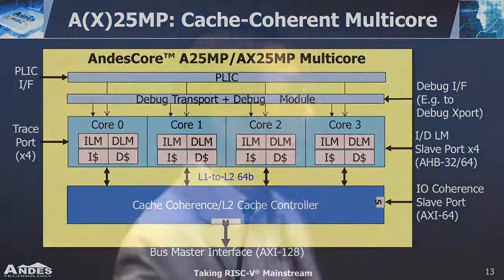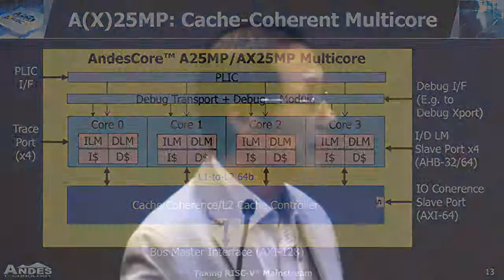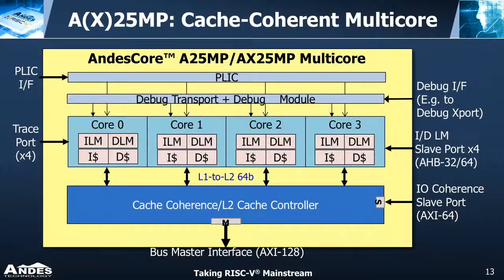Then talking about the cache controller, let me add that for this multi-core, it can be configured as 1, 2, 4 cores. The default is a level 1 local memory. However, the level 2 cache controller is optional.